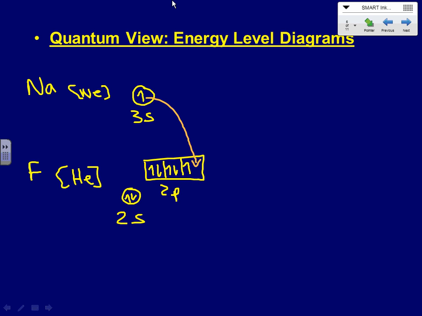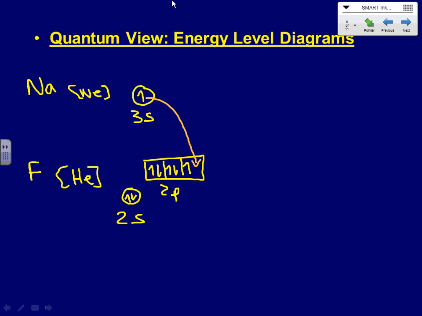And you can even make a smaller little energy jump. If you give an atom just a tiny little bit of energy, you can get an electron to flip, all right? The lone electrons are the only ones that can do a spin flip, all right? But you can do it. A tiny little amount of energy can cause an electron to flip. It costs a very tiny amount of energy.